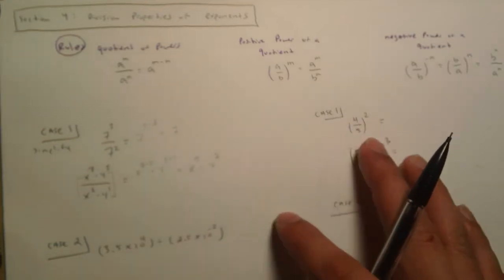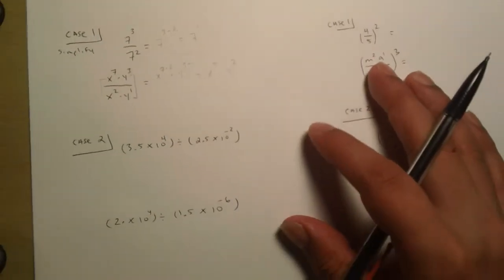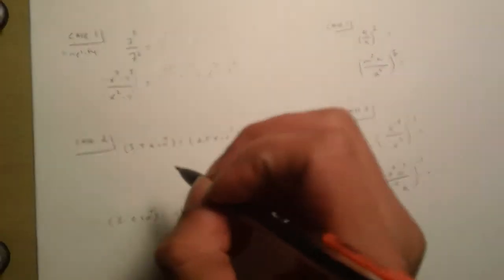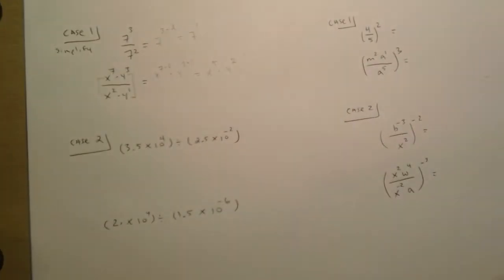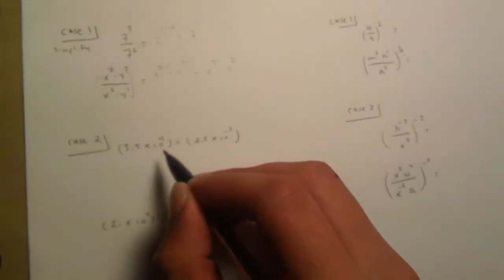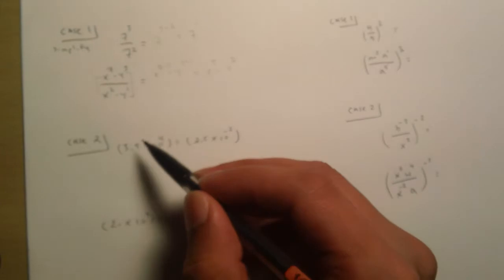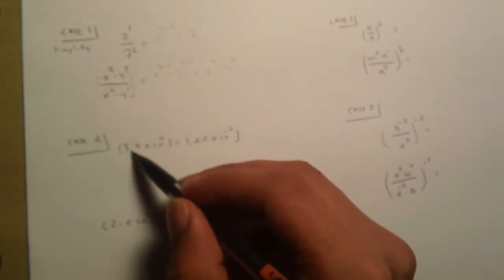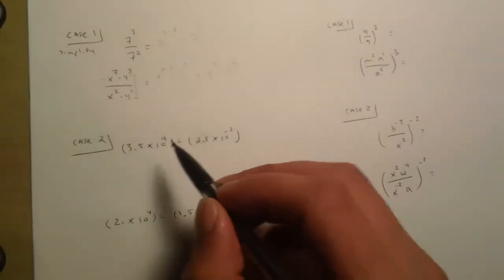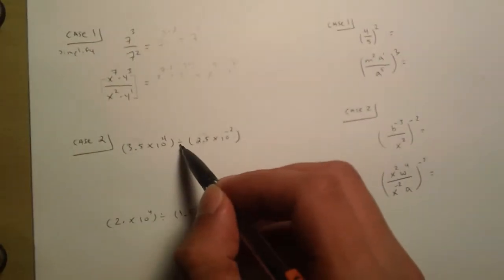Now, in case 2, you're sometimes given scientific notation that you're supposed to divide by another scientific notation. A simple way of setting this up is that you have a number above 1 but less than 10 in front of each one, and you just do whatever it tells you. You're just told to divide.